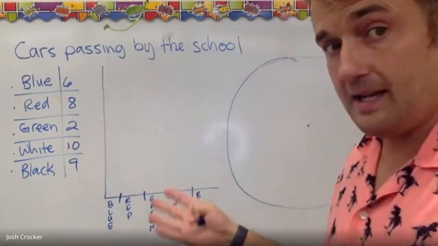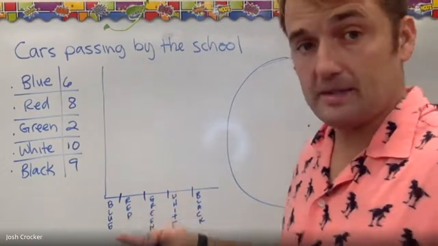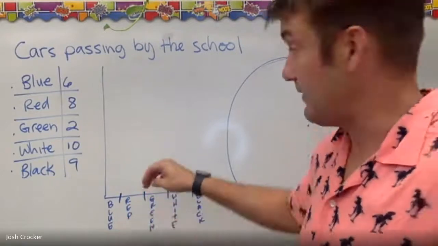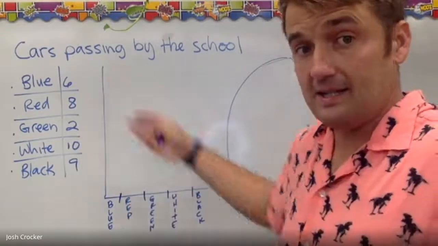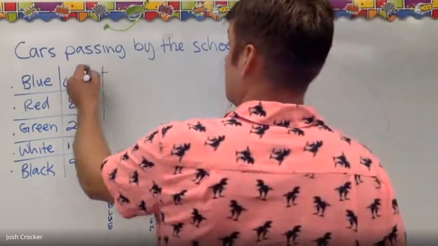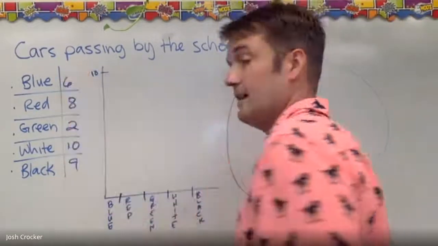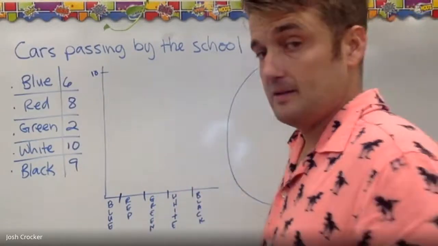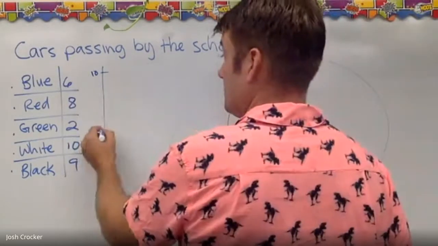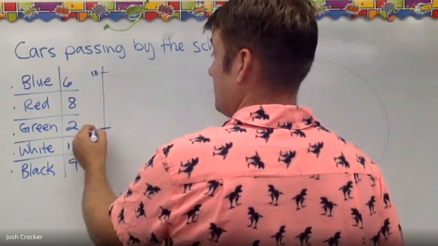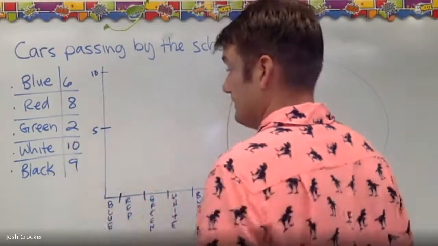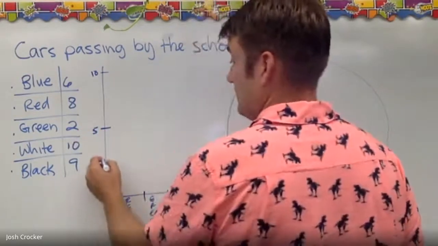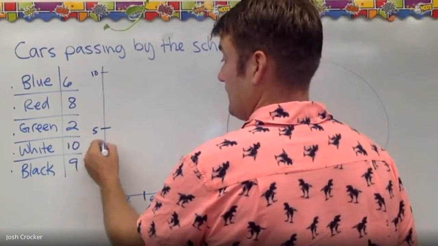So looking at my data, I know that I need to go up to 10. So if I've got all this to just get to 10, that kind of helps me figure out how far apart my numbers can be. So for instance, if I know I'm going to 10, half of that is 5, and 3 needs to be about there.